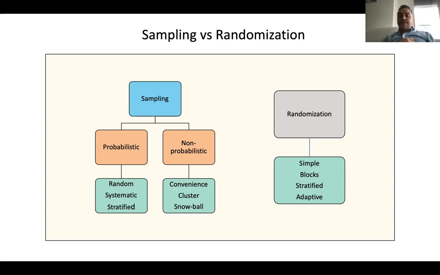And then the adaptive randomization, we don't really know much about that. You will have some readings this week about the adaptive randomization, but again, don't worry too much about it, because it's not really used in many clinical trials. And if you go for adaptive randomization, you have to justify why you didn't go for simple, blocks, or stratified.